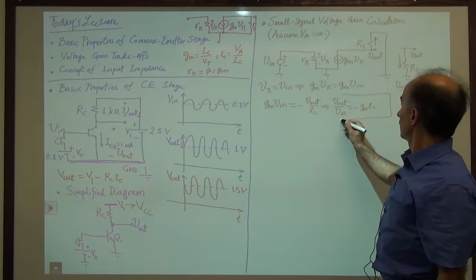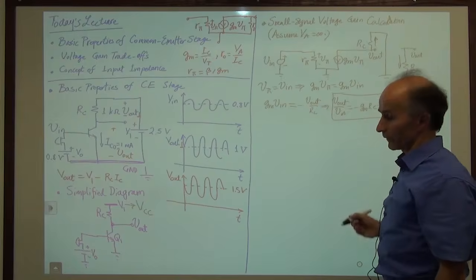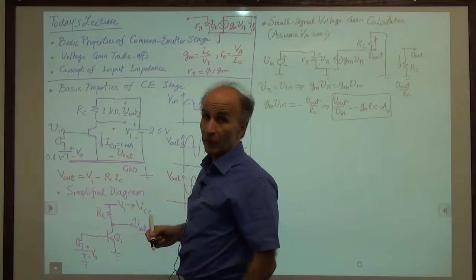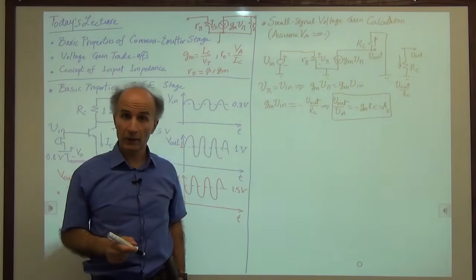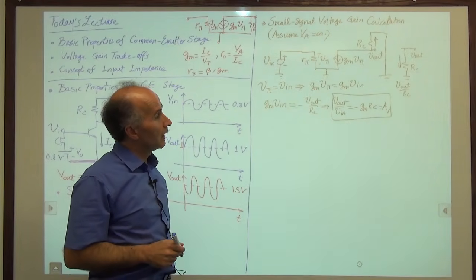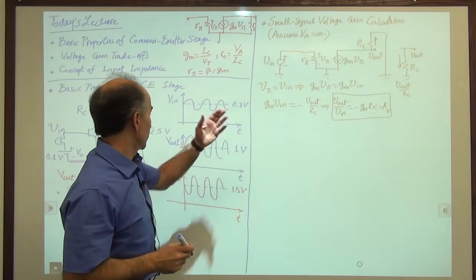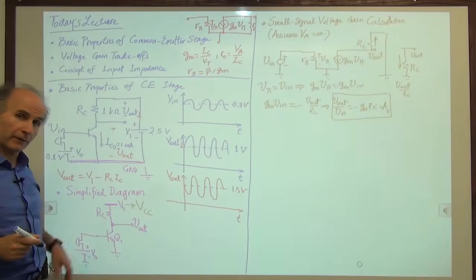And this is the voltage gain of a simple common emitter amplifier. It doesn't have units because it's voltage divided by voltage. It's dimensionless. This is a very simple and beautiful equation. It tells us everything we need to know about this simple amplifier that we have constructed.